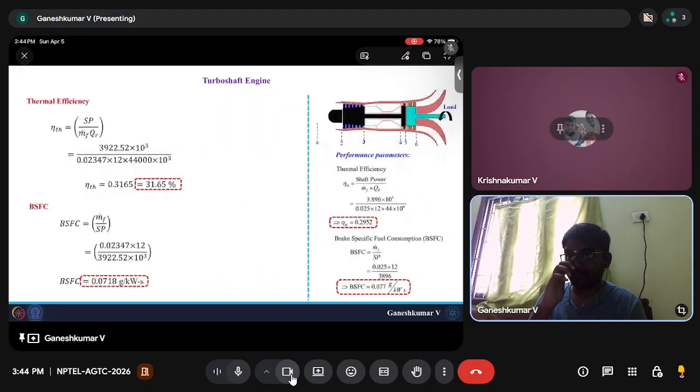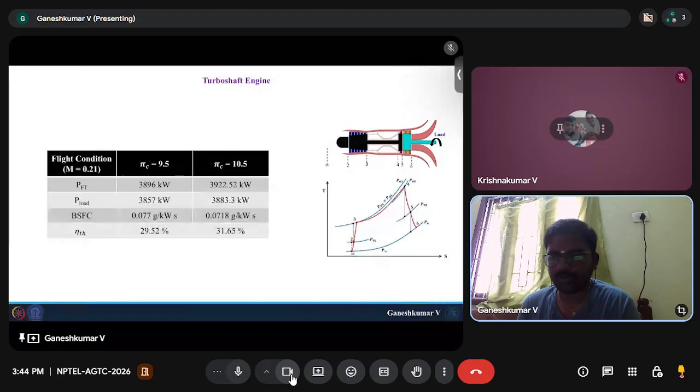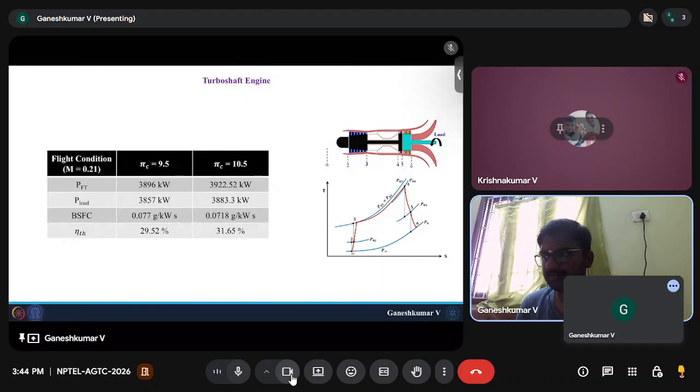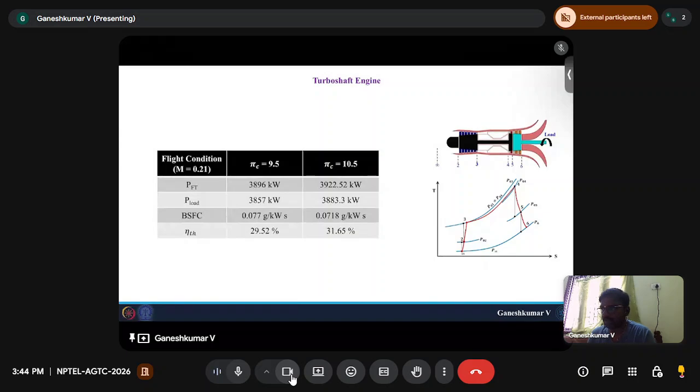And we will meet next week. We will solve one problem on component matching. Although I don't think component matching problems are there for your week 12 assignments, I think it will be useful for you in general.